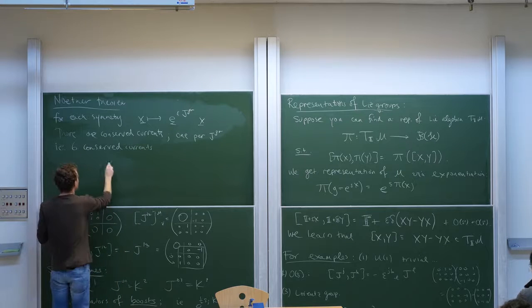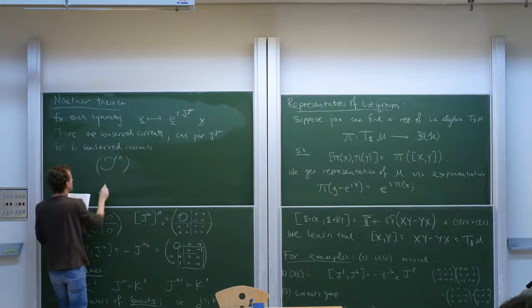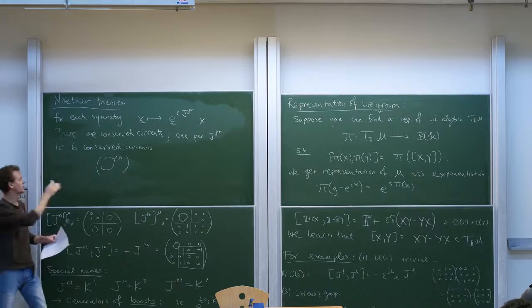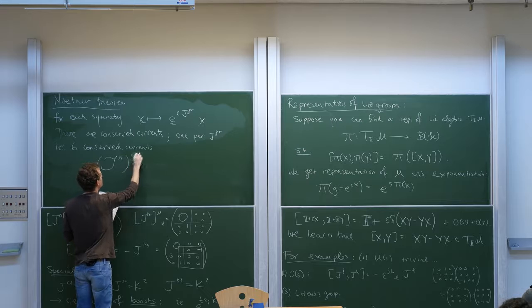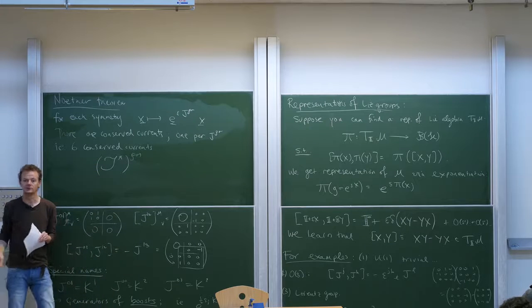And we're going to denote them with a calligraphic J. Each one of these currents is a 4 vector. That's why there's the J mu. And there's 6, depending on this index rho sigma up there.